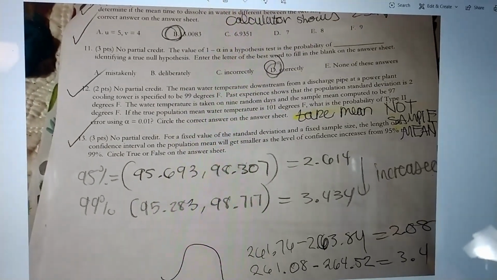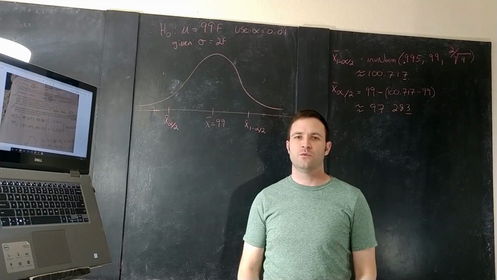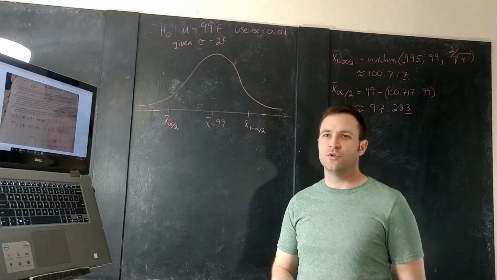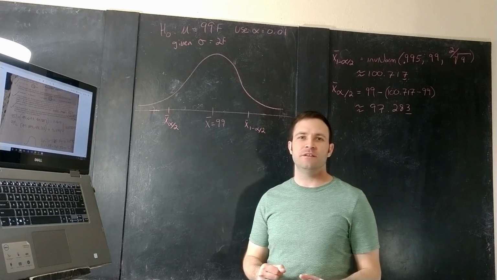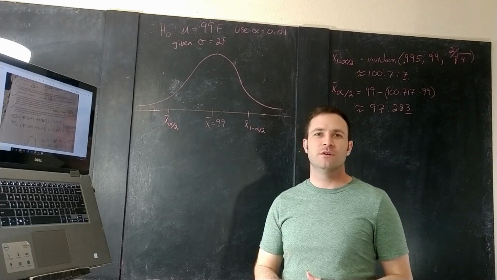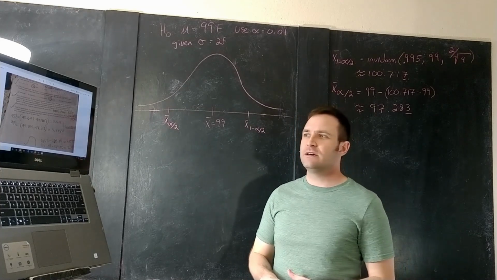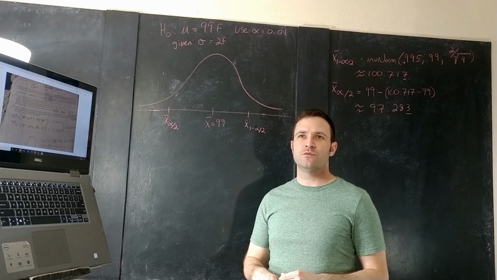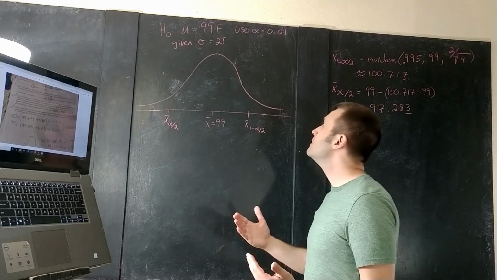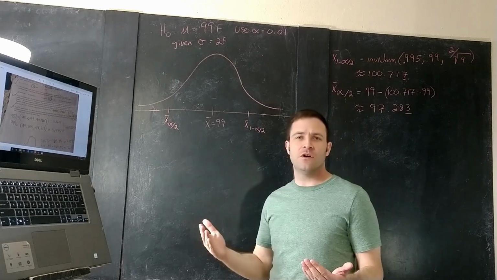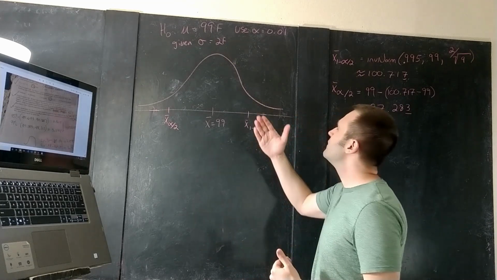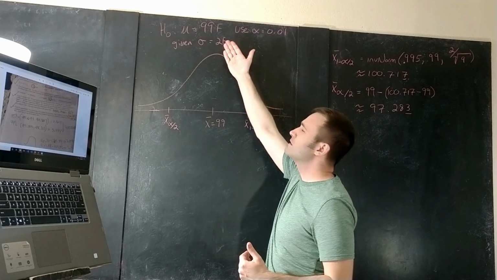All right, let's jump into it. So we have some population, and we're interested in its population parameter, the mean. And we're going to do a hypothesis test on that mean and test it against the value 99 degrees Fahrenheit.